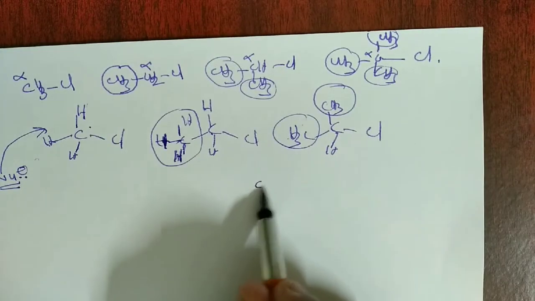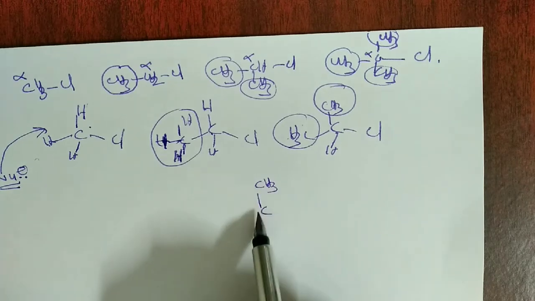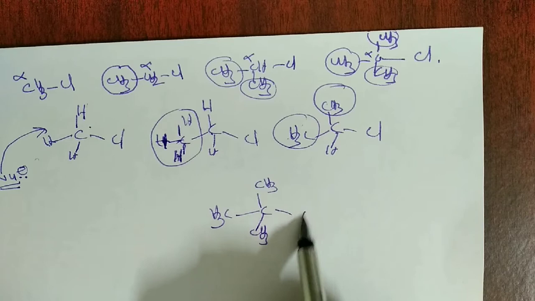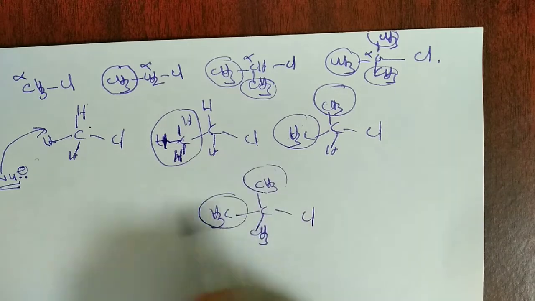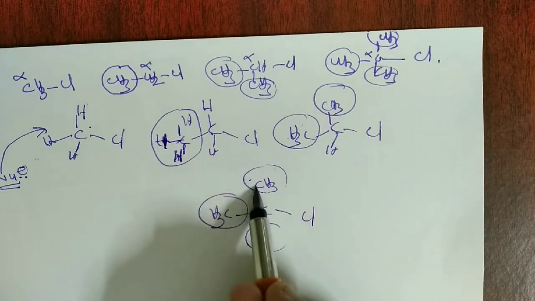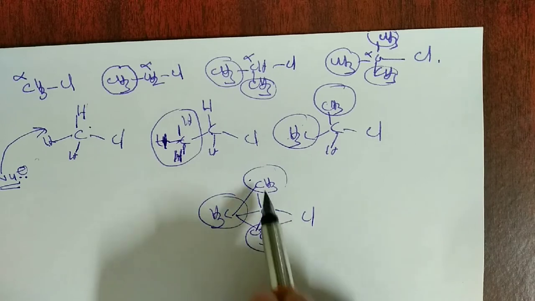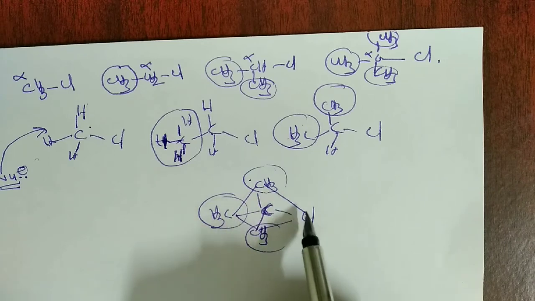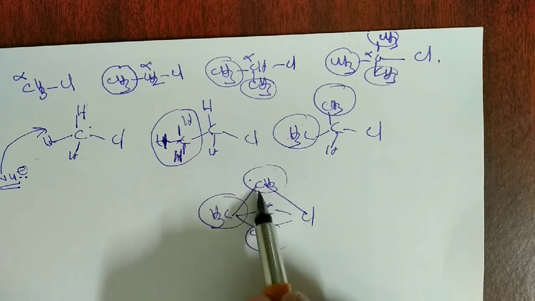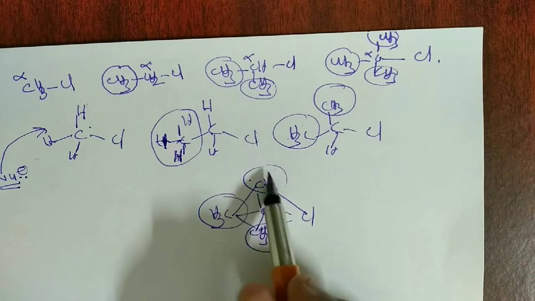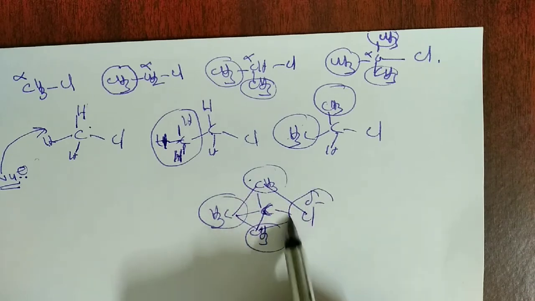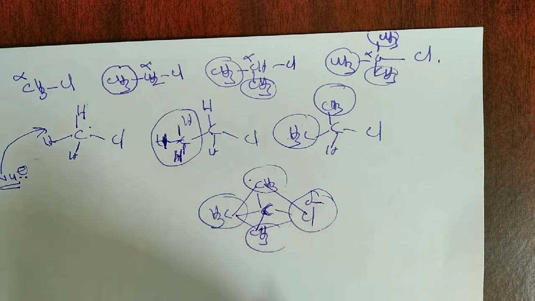In the case of tertiary butyl chloride, steric effect is maximum. Remember that in this molecule, the arrangement of carbon and chlorine atoms across this central or alpha carbon is tetrahedral. 3 corners of this tetrahedron have a bulky CH3 group and 1 corner has a negatively charged chloride ion.